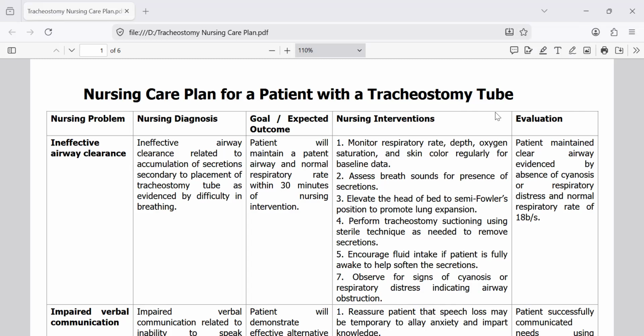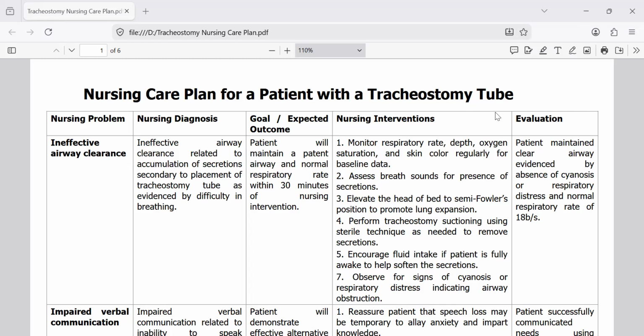Number 4, promote tracheostomy suctioning. Perform tracheostomy suctioning using sterile technique as needed to remove secretions. Number 5, which is a bonus, encourage fluid intake if patient is fully awake to soften the secretions, therefore facilitating removal of the secretions.